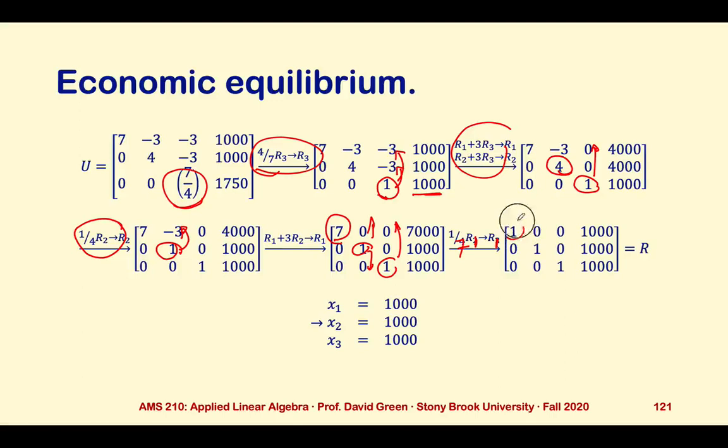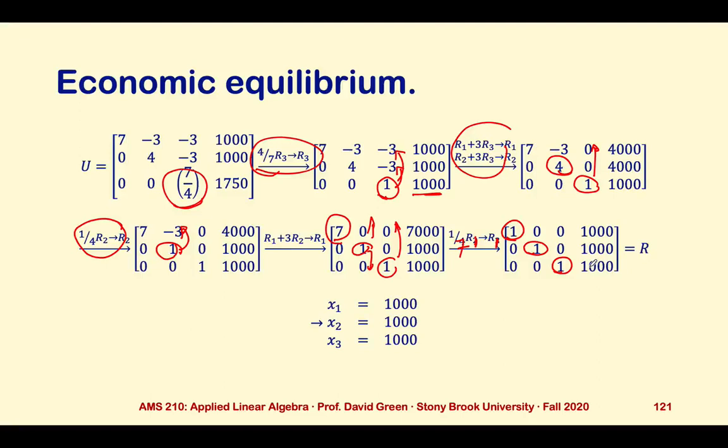That gives us a 1 here, and 7,000 over 7 is, of course, 1,000. This is our reduced row echelon form. Pivots all equal to 1, all by themselves in a column. We can directly read off the answer. x1 equals 1,000, x2 equals 1,000, x3 equals 1,000.